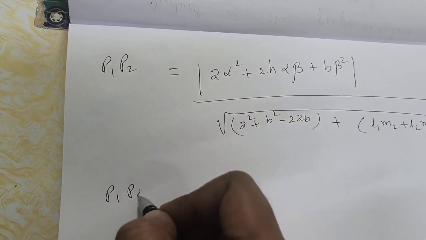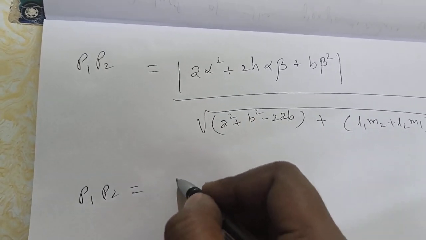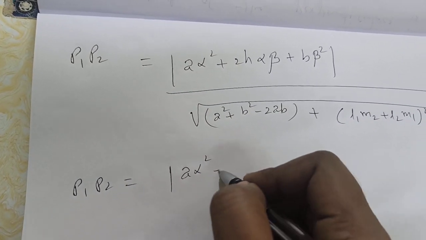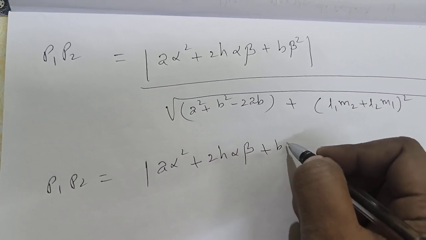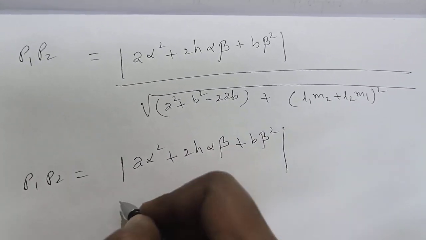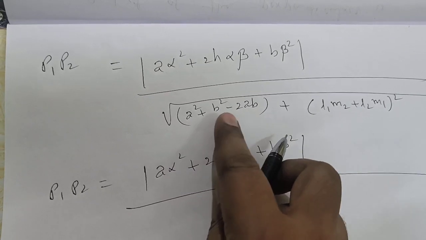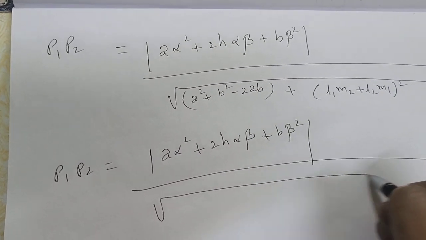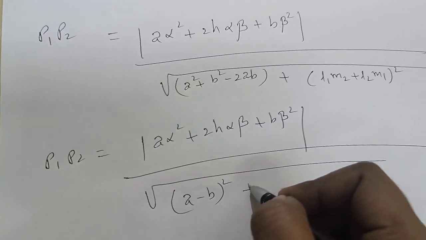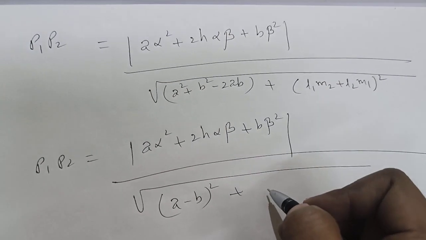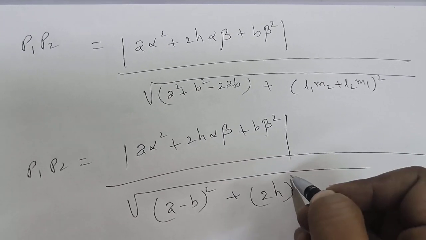So P1 P2 is equal to A alpha square plus 2H alpha beta plus B beta square whole divided by A square plus B square minus 2AB, which means we will write (A minus B) whole square by the formula, plus this value we have 2H, (2H) whole square.